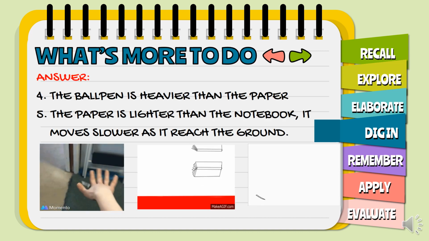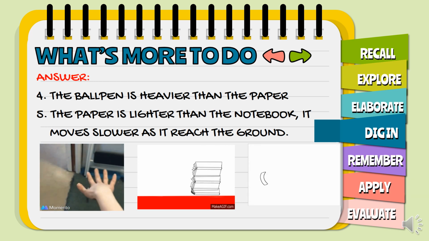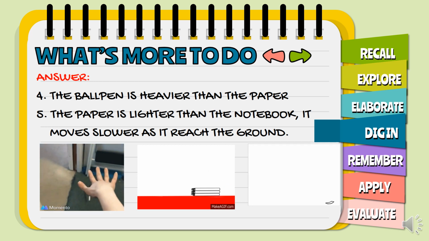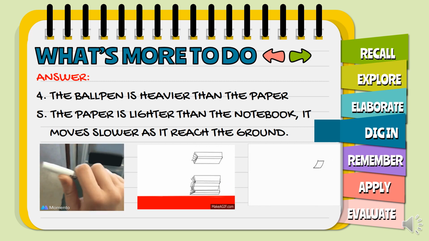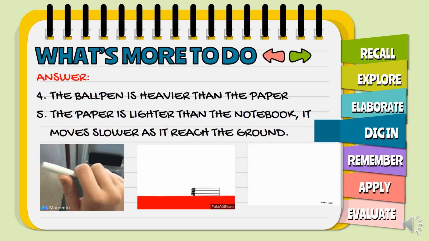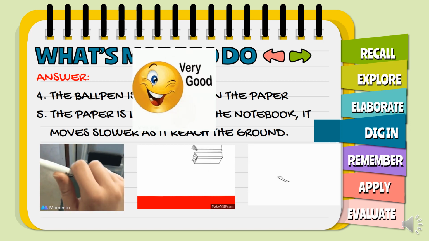The ballpen is heavier than the paper. Number 5. The paper is lighter than the notebook. It moves slower as it reached the ground. Did you get 5? Very good.